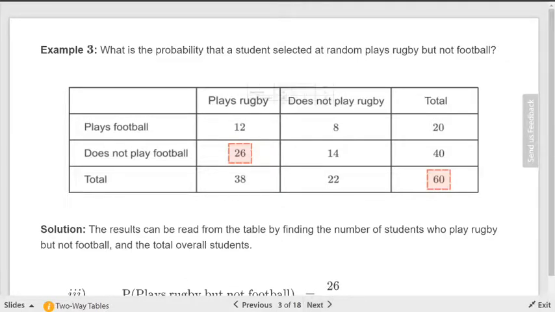So plays rugby and does not play football. We're talking about the intersection of those two things, not the total down here, but the intersection of those two things.